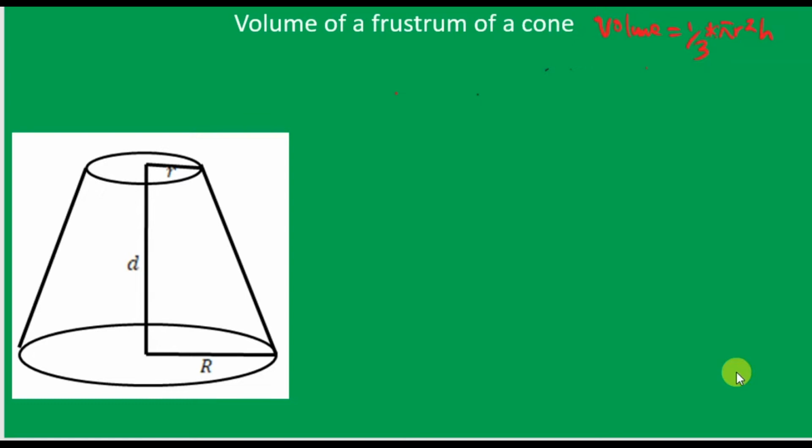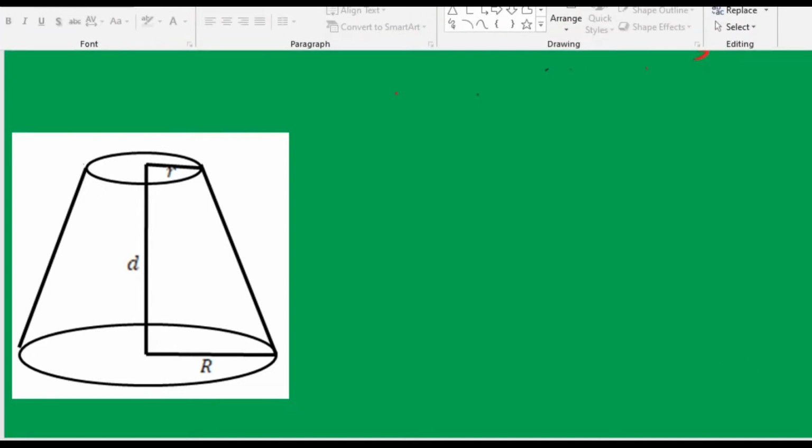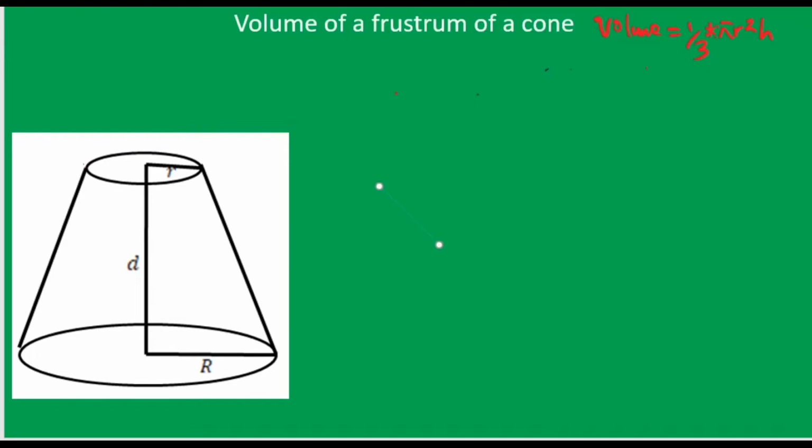need to complete the cone. So I'll complete the cone. That's the complete cone.